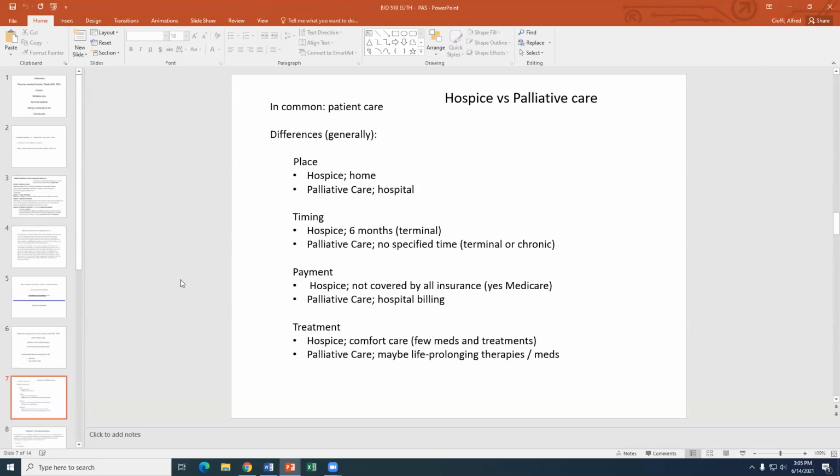Let's say, for example, a person who has really no one at home. They've been living alone up until now. They may or may not have relatives, but if they do, the relatives are far away and cannot come, etc. So then that patient is better off in an institution, right? Because there's no one to care for him at home. Even though, thinking about that a little bit, I think that hospice also has 24-hour nursing now.